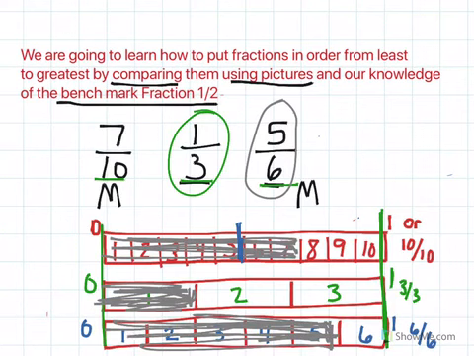So right away I can see that the smallest fraction would be 1/3. The next would be 7 out of 10. And the largest amount would be 5 out of 6. So here I have ordered my fractions from least to greatest using a model and what I know about a half.